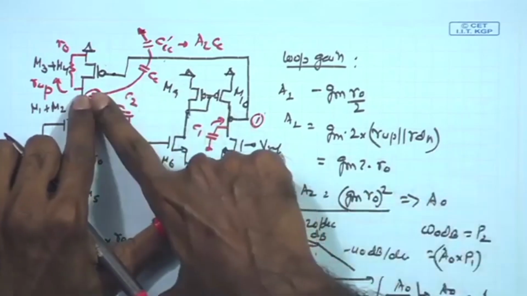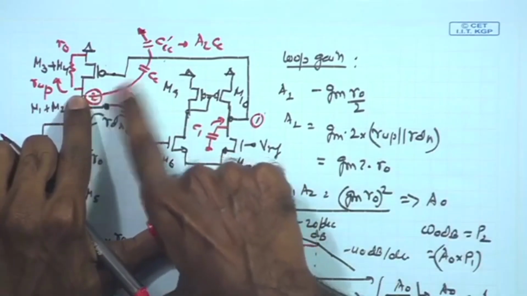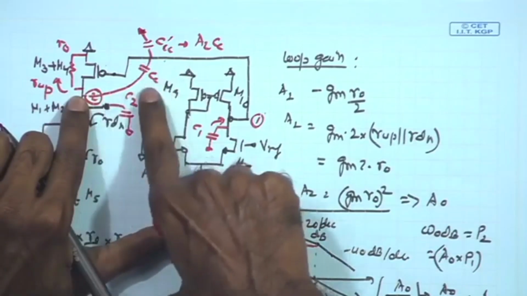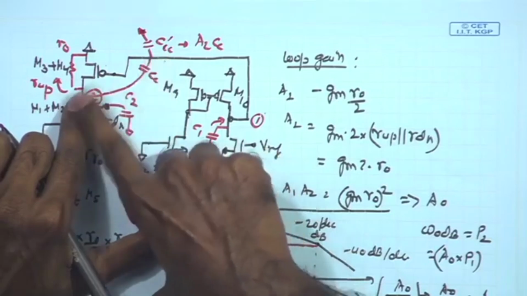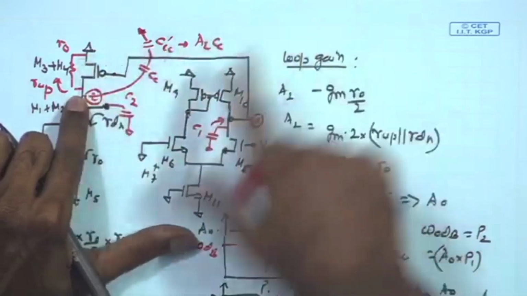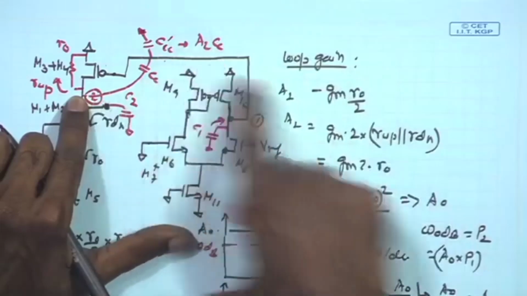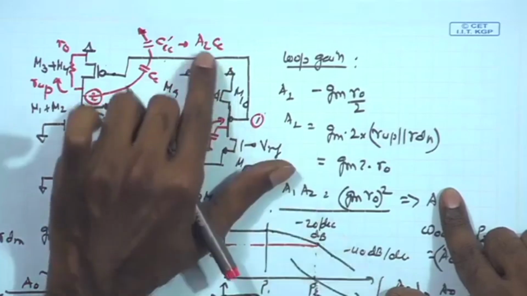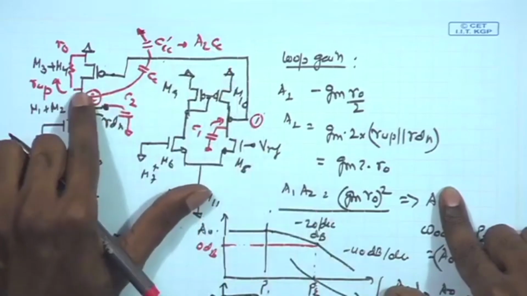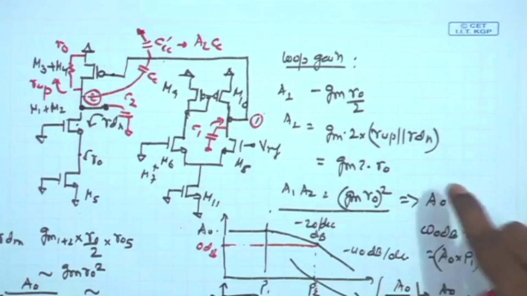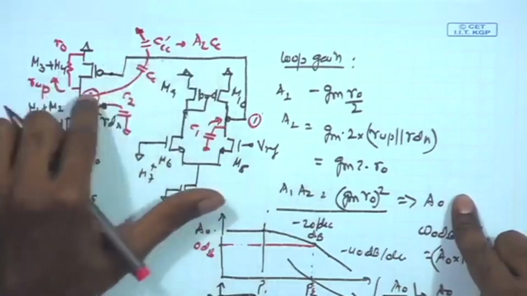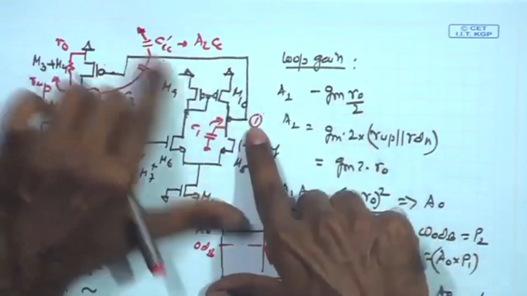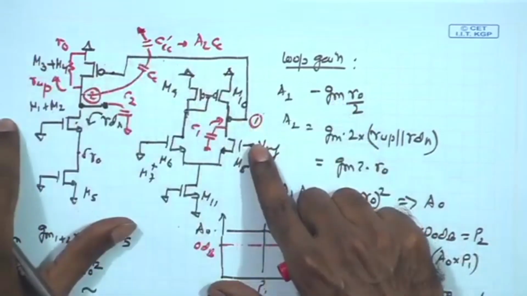On the other hand, the capacitance over here, because of the applied Miller effect in the forward path, will still be close to CC, because in the reverse direction we will have the factor of 1 minus 1 upon A, where A is large. So, we can ignore that, and we will just have capacitor CC at this node, which is much smaller than A2 times CC. So, here we can see that by Miller multiplication we can push the node P1 to a much lower frequency.